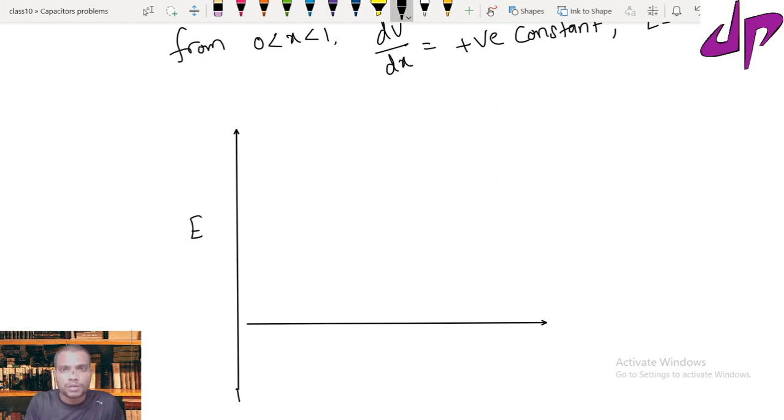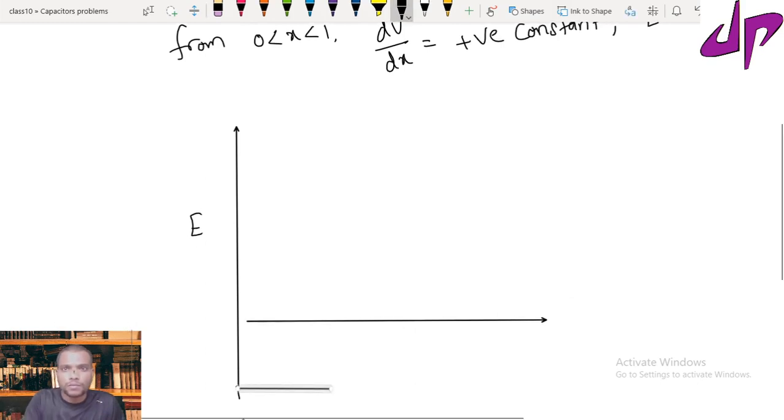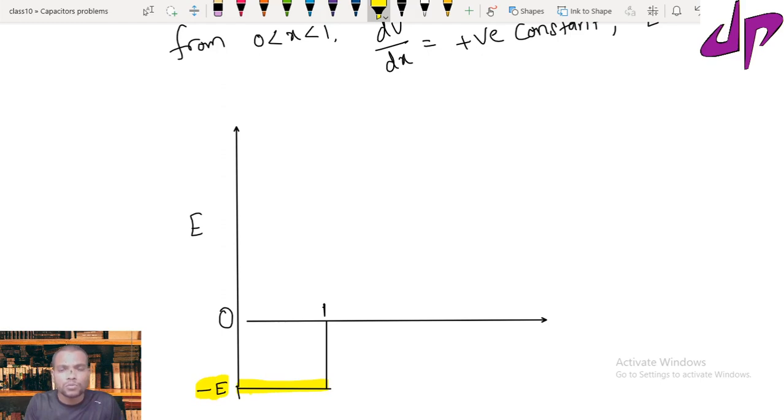I have to start with negative electric field from 0 to 1. So here it is 0, here it is minus E, and here the value goes to 1. Since the electric field is constant, we draw a straight line from minus E up to 1.